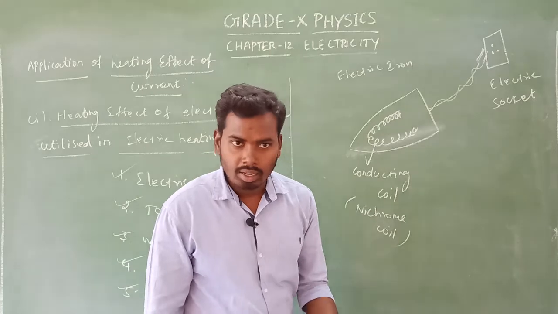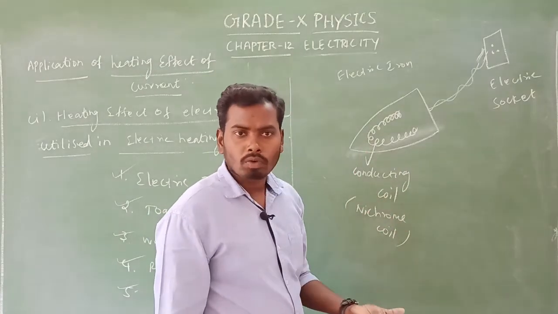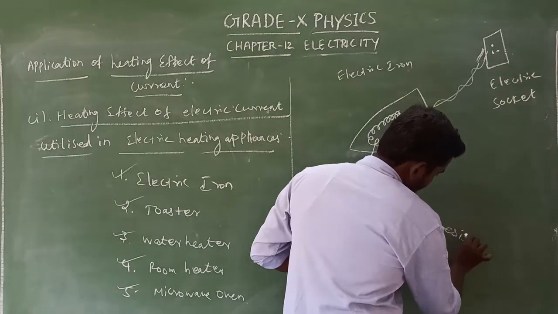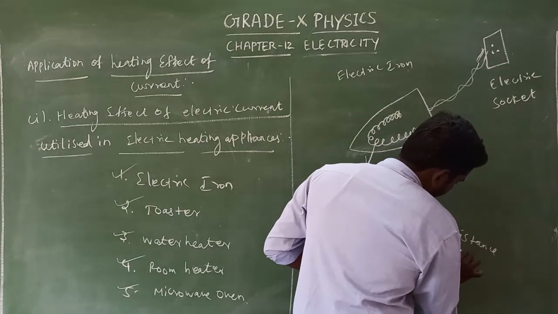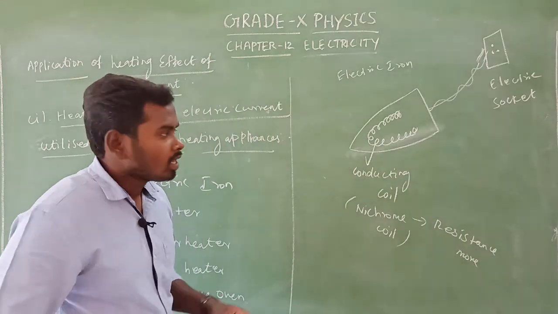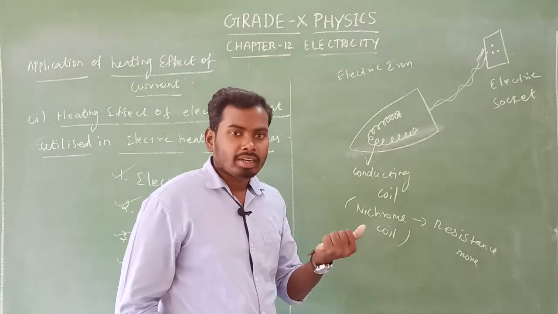Is that clear? Yes. See, nichrome has high amount of resistance value. Here resistance will be more. Nichrome resistance more. Is it clear? Yes. See, the nichrome consumes the electrical energy and converts this electrical energy into heat energy.